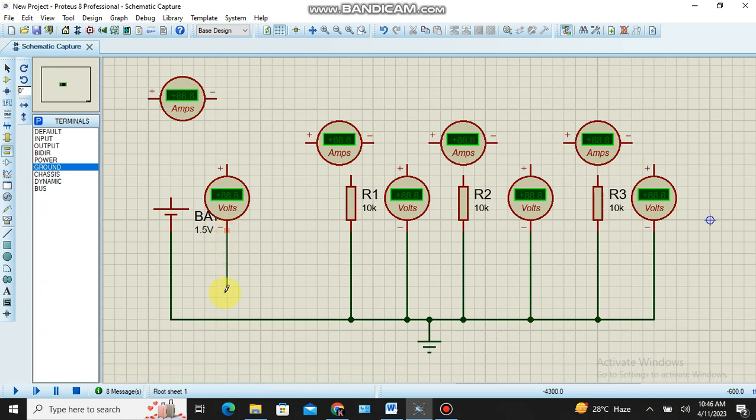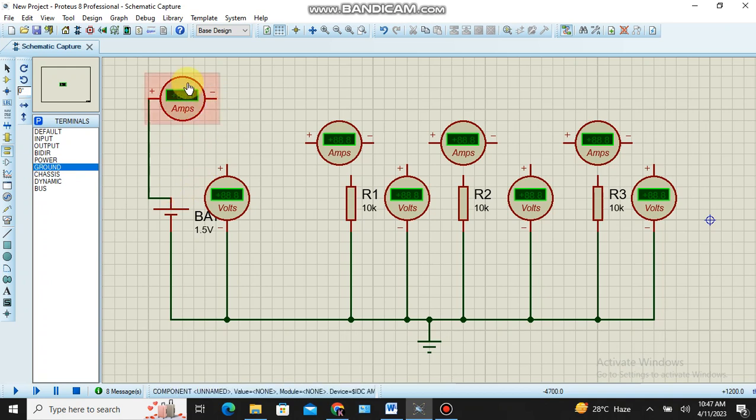So here I use 4 voltmeters, and all 4 voltmeters' negative terminals are connected with the ground connection. Now we have to connect the cell plus to the ammeter plus. An ammeter should be connected in series. Series connection means the starting end is connected with one terminal, and the ending end is connected with another starting terminal.